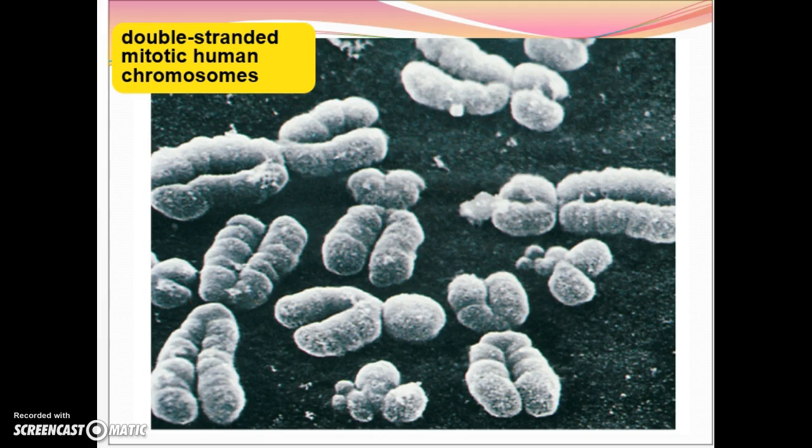This is a picture showing the actual replicated DNA. So we have these double-stranded mitotic human chromosomes, and this is usually what we think of when we think of chromosomes. But really, one chromosome is just one long strip of DNA, and it's only after replication that we get these two sets of chromatids in this classic shape that we see here.